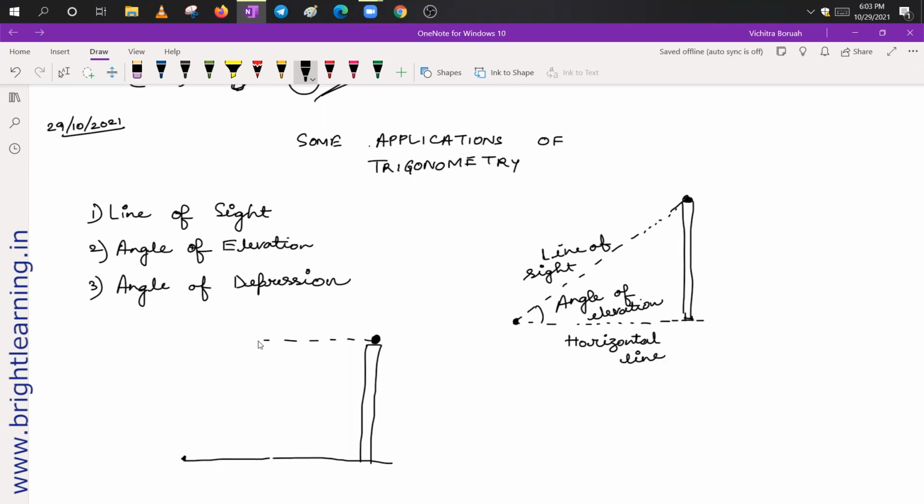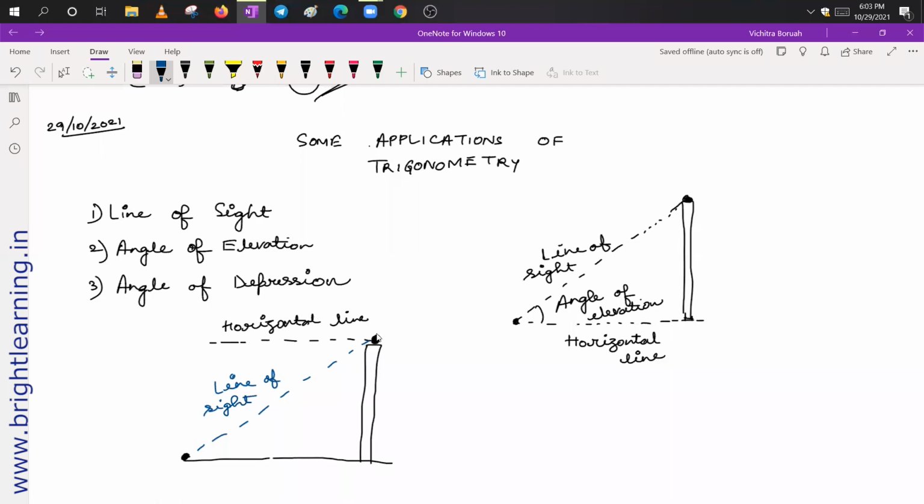And this person is looking at this object, so this line is called the line of sight only.